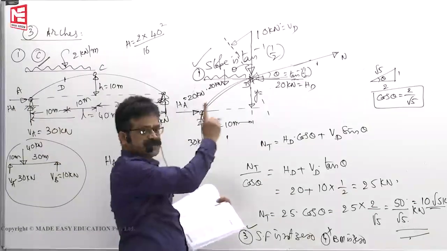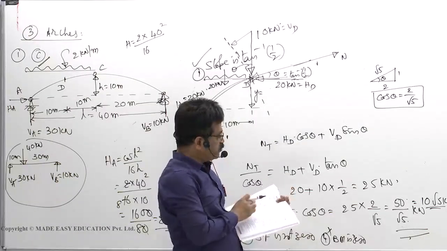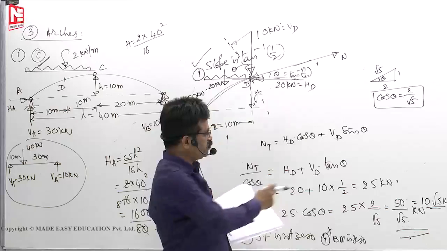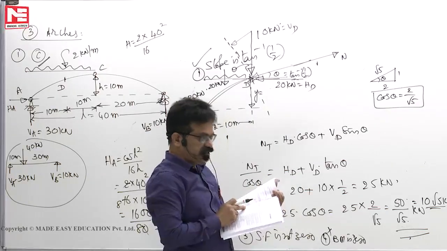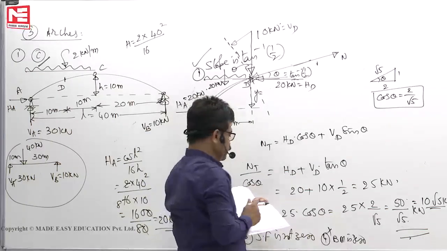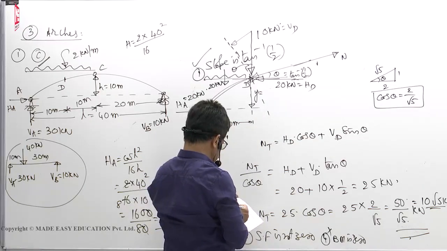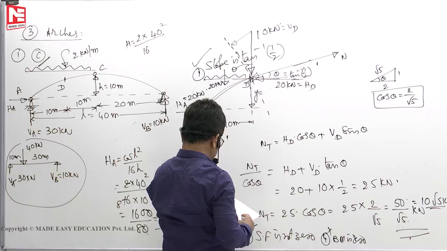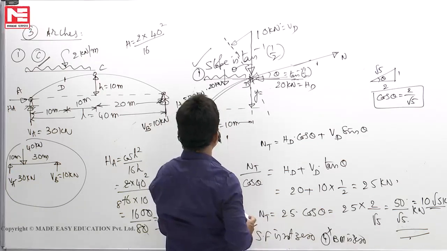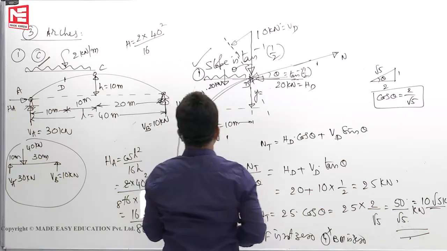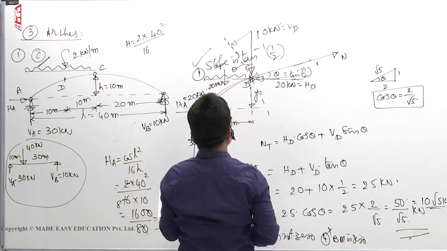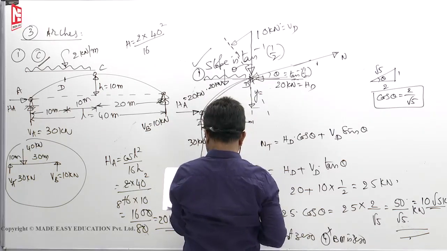What is that? Slope is tan inverse 1 by 2. Normal thrust, he gives you 6 root 5, but we got 10 root 5. Shear force is not 0 is correct. So 3 is correct. 30, 10 down was there. So shear force will exist.